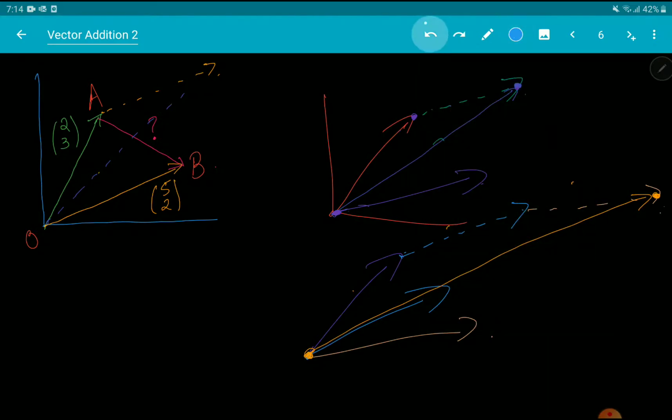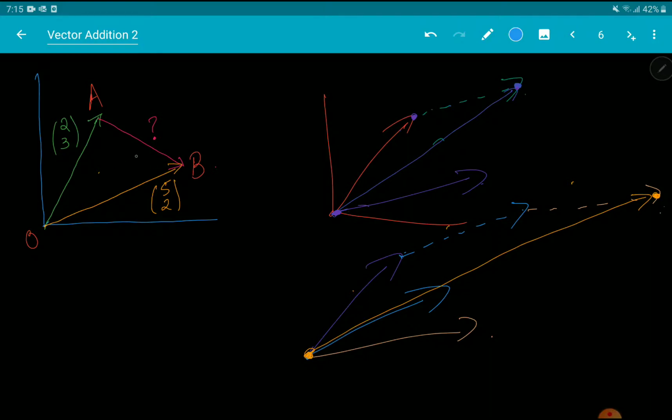So let me just erase this, and we'll try and find another way to find AB. Okay, so now let's get back to the head to tail rule. If you can notice over here, the head to tail rule applies. The head of OA is coinciding with the tail of the vector AB.